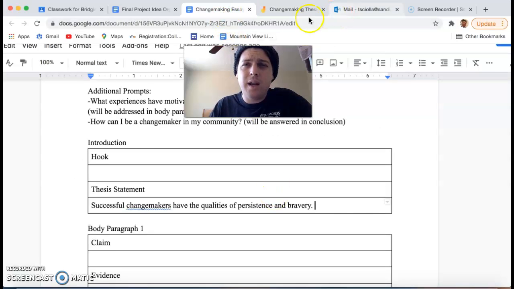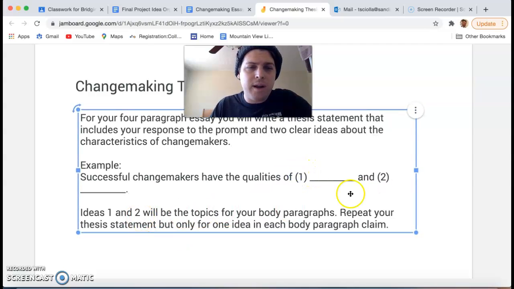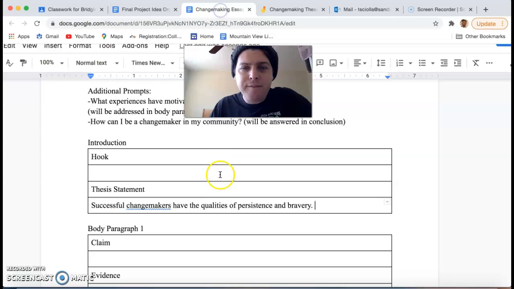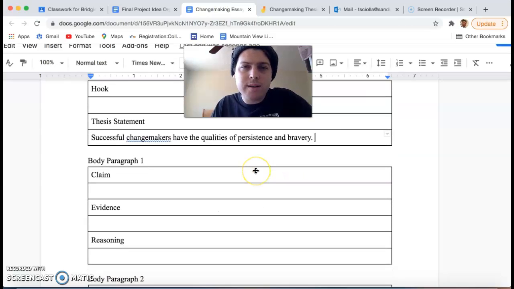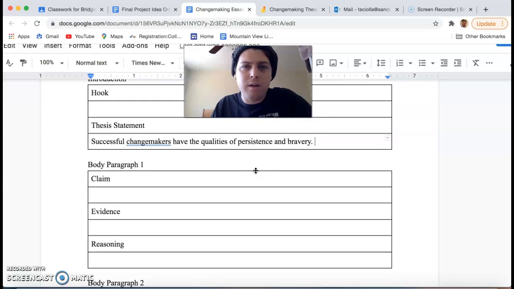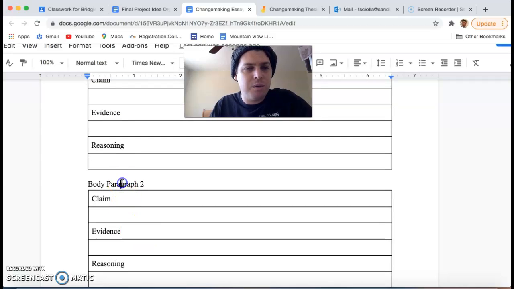It also says at the bottom here, idea 1 and idea 2 will be the topics for your body paragraphs. So after you write your thesis statement, your next step will be to do body paragraph 1 and then body paragraph 2.